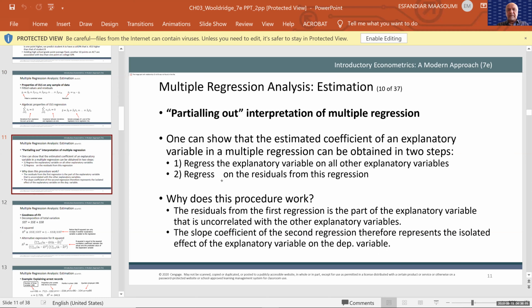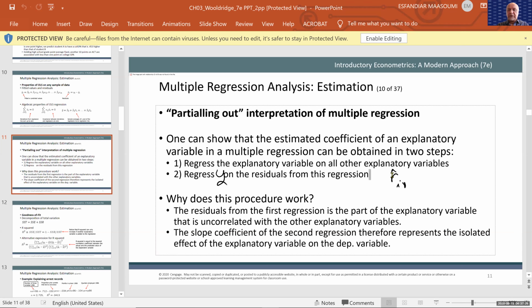So by regressing Y on R1, I am regressing Y on something that is no longer correlated with x2, x3, x4, all the other x's. By construction, these are least squares residuals of x1 regressed on x2, x3, and so on.